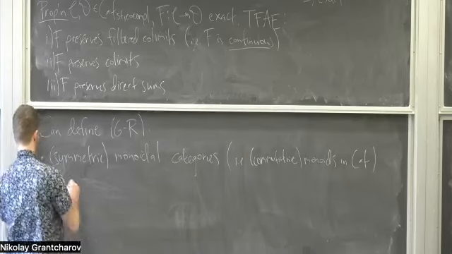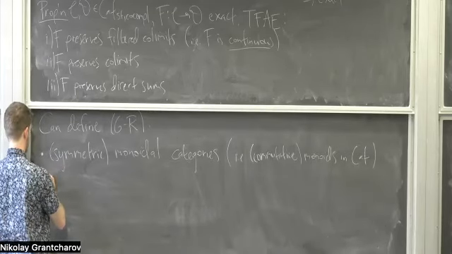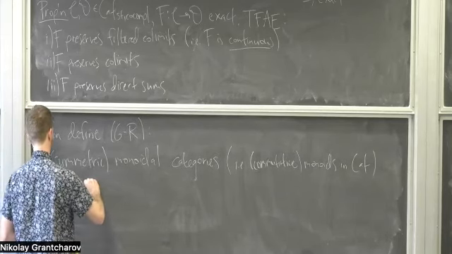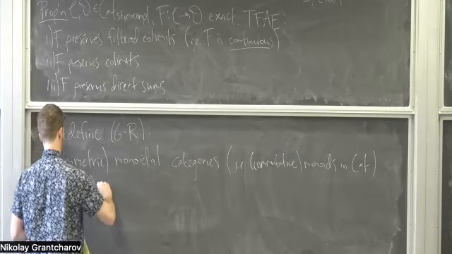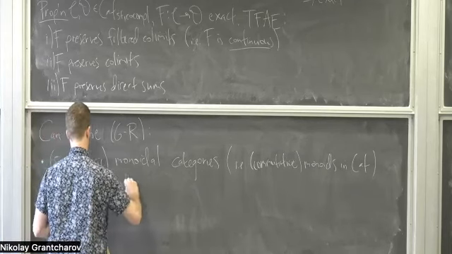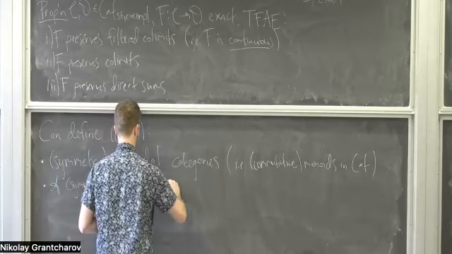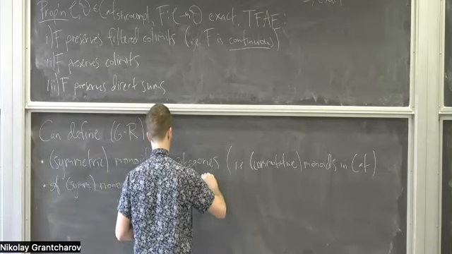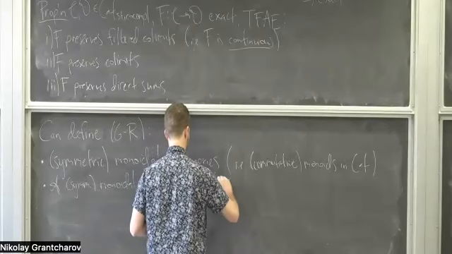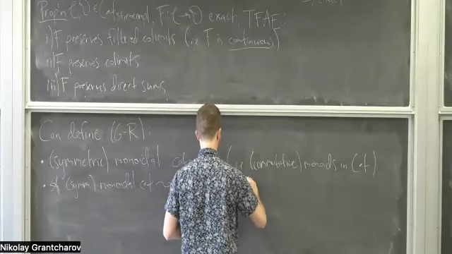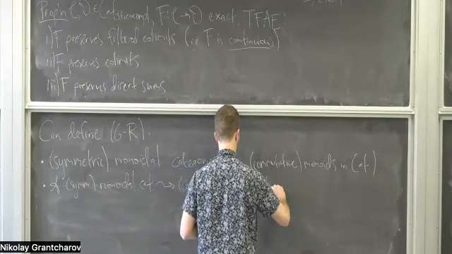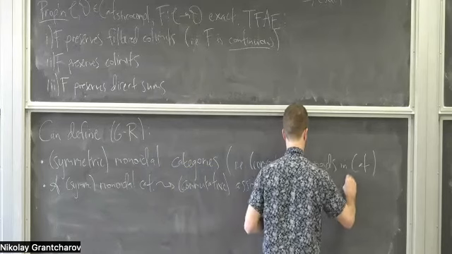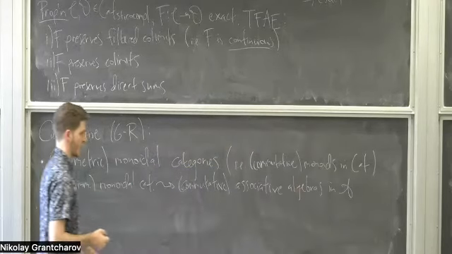So we have this notion, and if A is a symmetric monoidal category, then we can talk about commutative or associative algebras in A, just like in ordinary category theory.